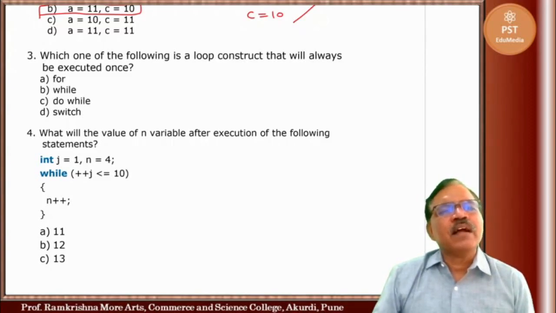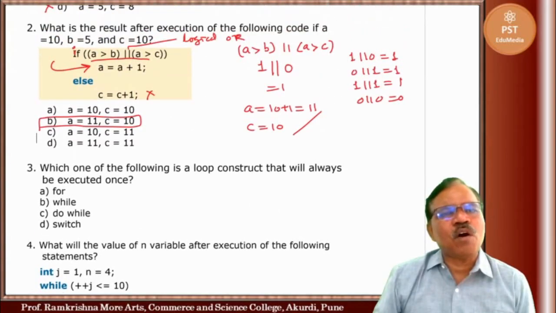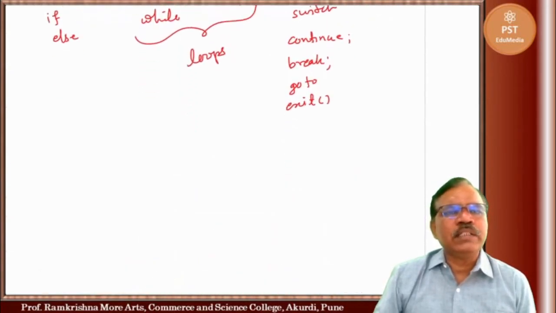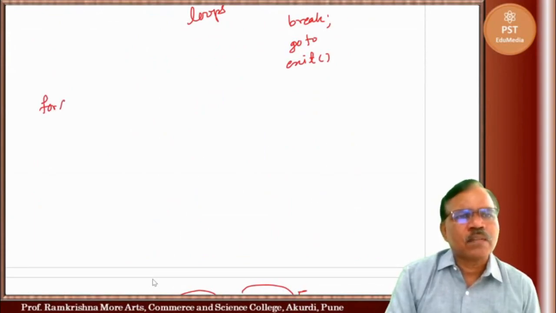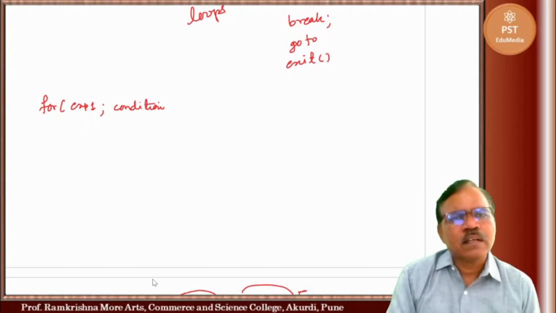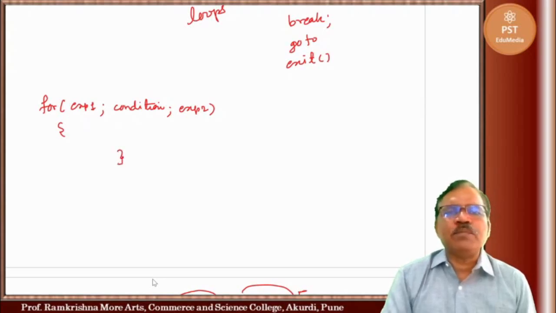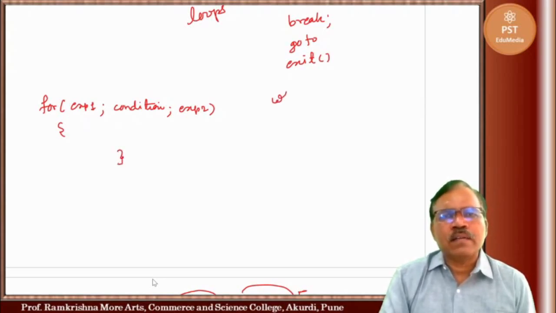If we see the structure of for, while, and do loop, so here for expression 1, then here condition, then expression 2, and then here the body of the loop.